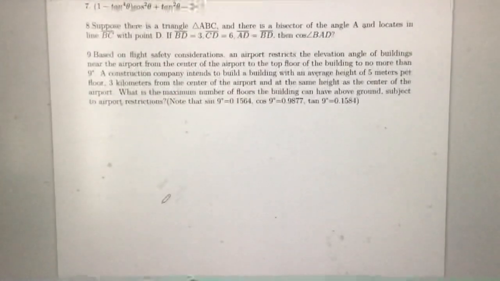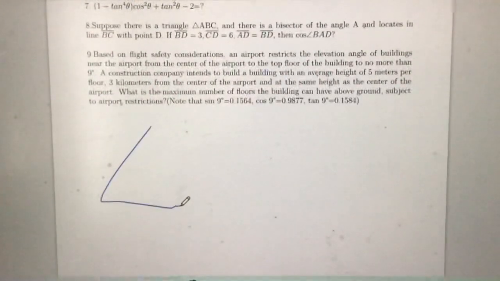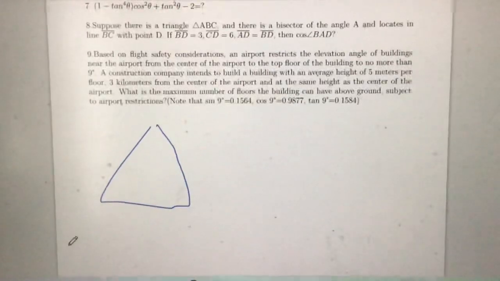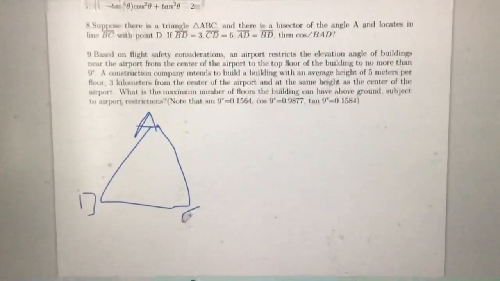Okay, so like this question, we can just draw a picture like this. So there's a triangle ABC, like this one. A, B, C, and there's a bisector for the angle A, like this one, for example.